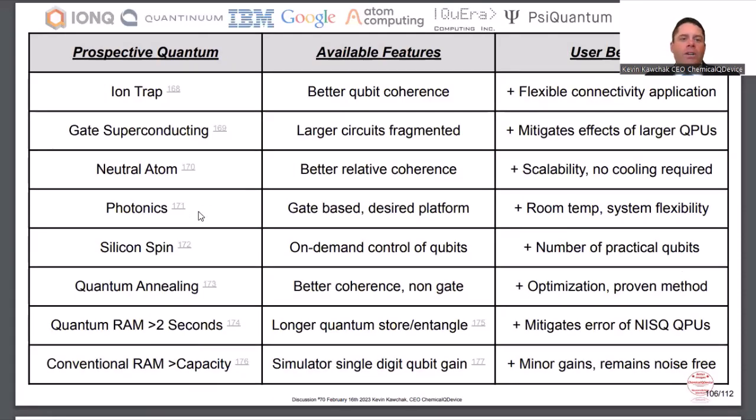And then there's, between ion trap, gate-based superconducting, you have to keep in mind neutral atom. They could pop up. All it takes is one killer application. Now, if you're a purist, you would say I would need to see many papers in Nature, which ion trap has, relative to the other ones.